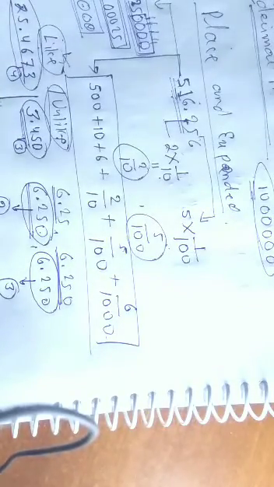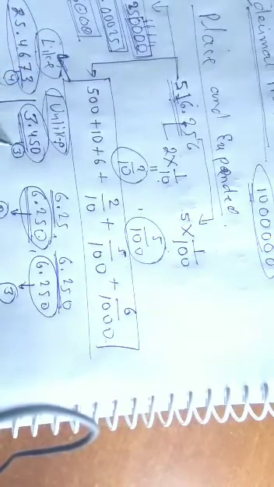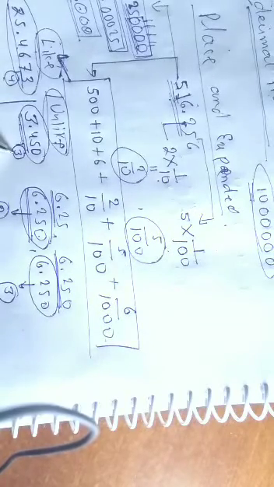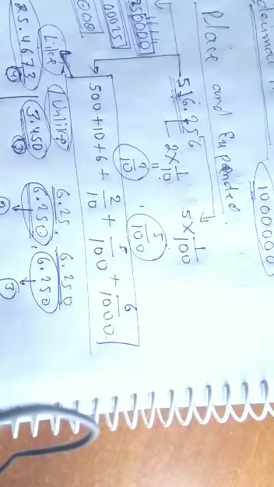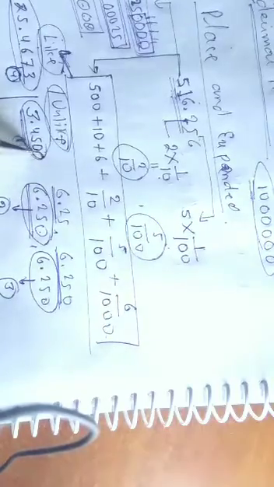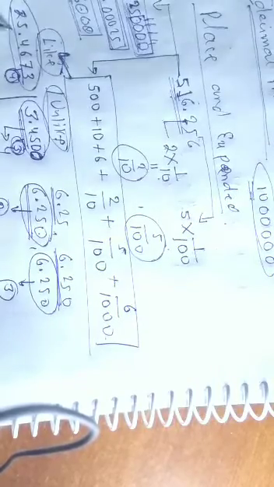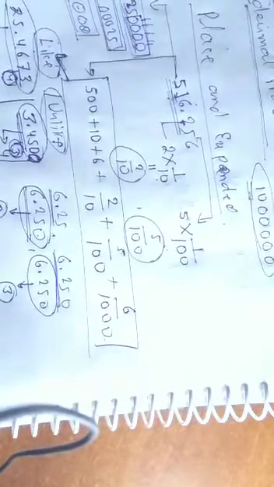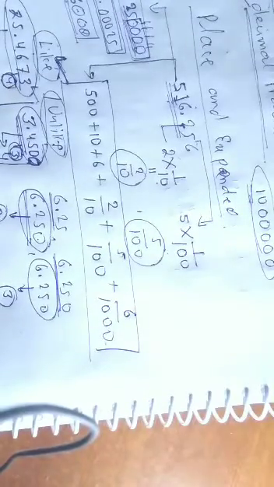So our main point is that to convert unlike decimal numbers into like decimal numbers, we have to make the decimal places equal. It has 4 decimal places, it has 3 decimal places. So our first step is to make the decimal places equal. We easily place 0 here, and now its decimal places will be 4. This number has 4 decimal places, this number also has 4 decimal places, and we can conclude that these two decimal numbers are like decimals.